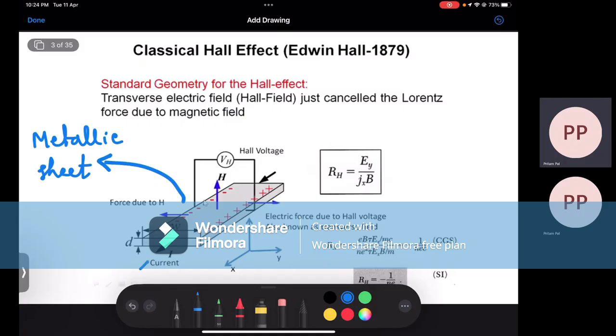Along this direction, current is flowing basically. Here is the axis representation. So current is flowing along the x direction.